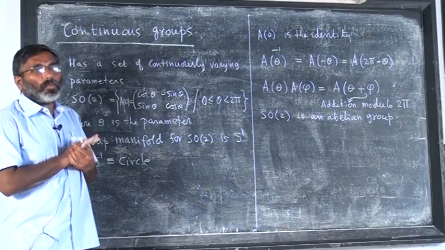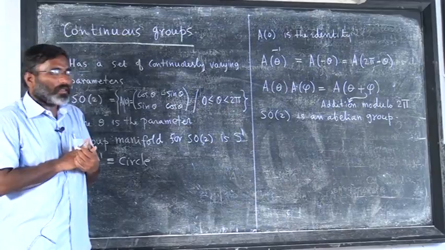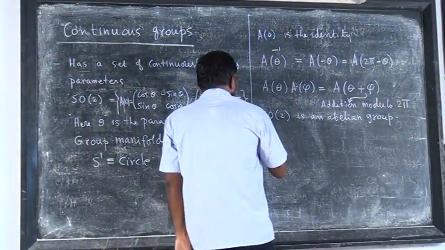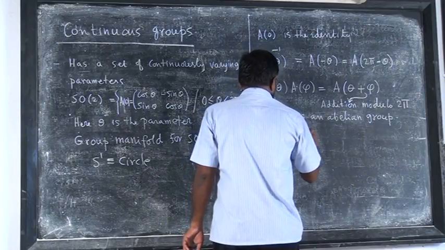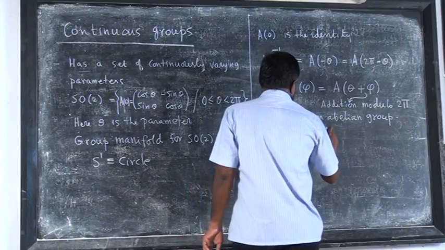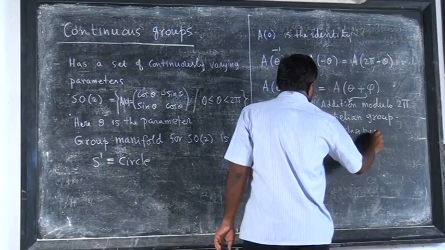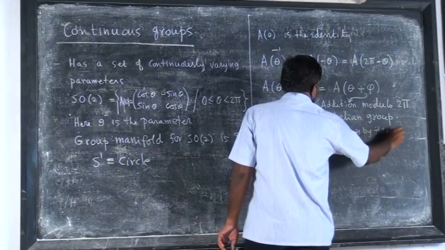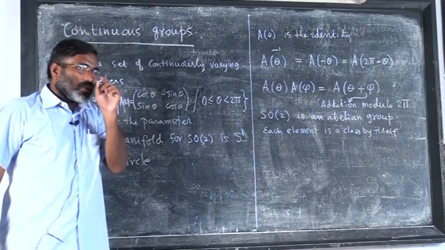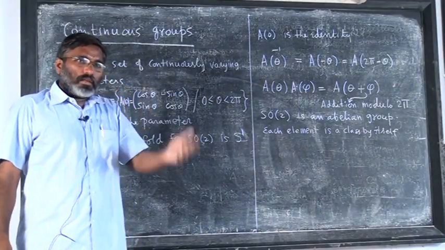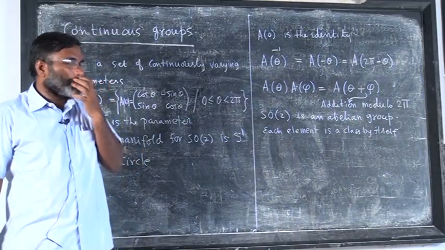If it is an abelian group, every element is a class by itself, correct? So each element is a class. So how many number of classes are there? Infinite number of classes are there. Uncountably infinite number of classes are there.